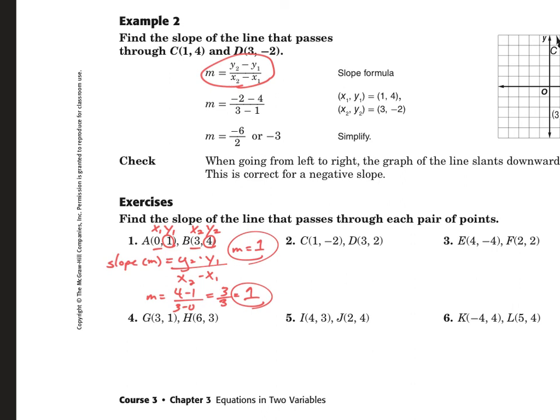So you're going to use the same process as you work through the next 5 examples. Please make sure to share all of your work, just like I did right here. Label your points, x1, y1, x2, y2. Then set up the equation y2 minus y1 over x2 minus x1. Calculate your values and come up with your final answer. So you can see here, the mathematical portion of this is not real difficult.